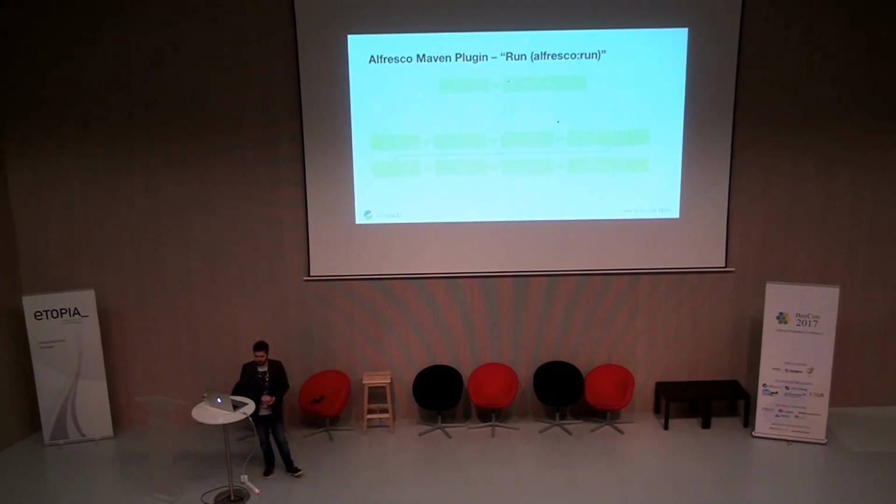Then we do some licensing, we copy over some global properties, we package it all up again, and then we move on to the next thing, which is we take the Share WAR file and we do the same thing: unpack it, install the amps, copy over some configuration, like if you have some custom log4j, share-config-custom, all these things, wrap it all up again, and then we're good.